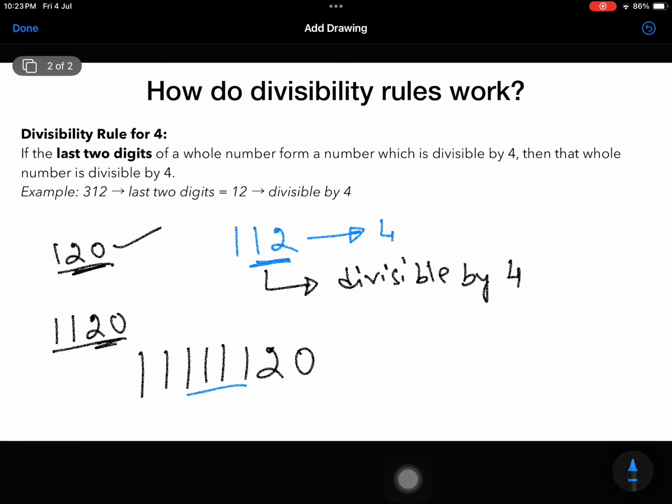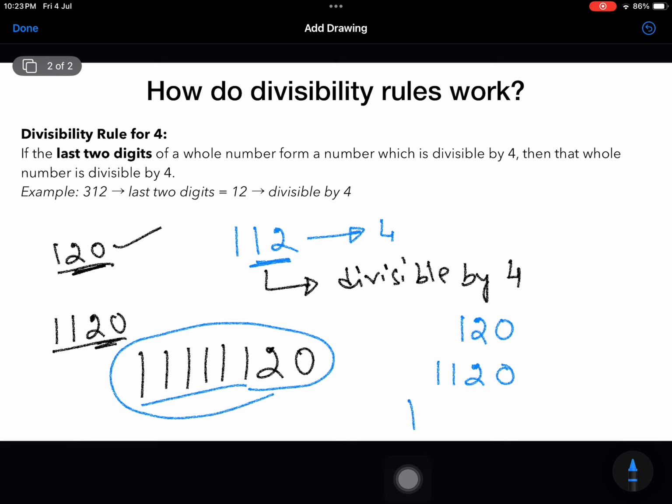Why is it that none of these digits had any effect on this number being divisible by 4 or not? 120 is divisible by 4, 1120 is divisible by 4, 11,120 is divisible by 4. So it did not matter how many digits there are or what they are.